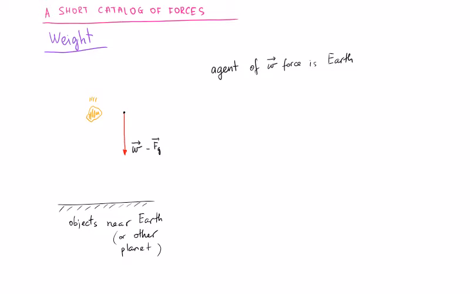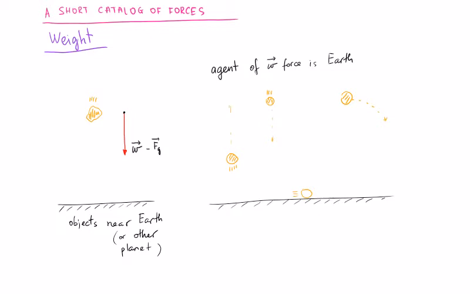An object's weight vector always points vertically downwards, no matter how the object is moving. Let's take a look at situations where you have, let's say, a ball thrown upwards, a ball falling downwards, a ball that is rolling on the ground, and a ball that is being shot into a basket in a projectile motion, right? I'm going to show you also the path that they're taking.